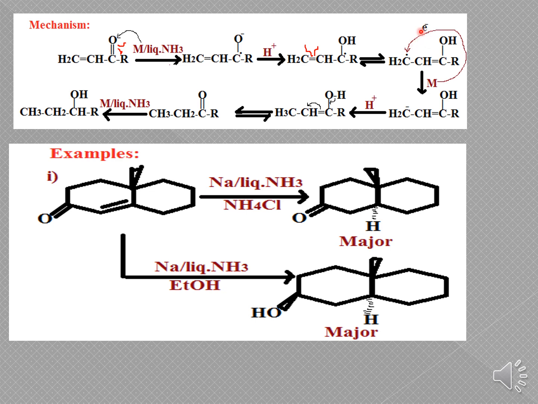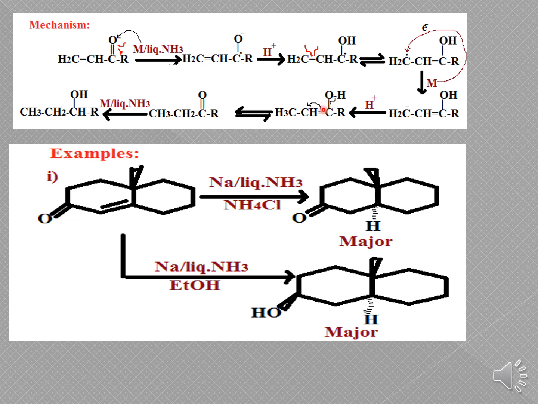Okay, again there is the attack of the metal. When we are treating it with the metal, it will lose one electron. That one electron from the metal will join with one of the radicals to gain the negative charge. Then this negative charge, the carbanion, will abstract the proton, and upon protonation you will get back your methyl group.